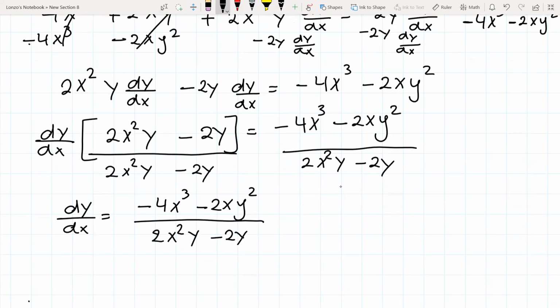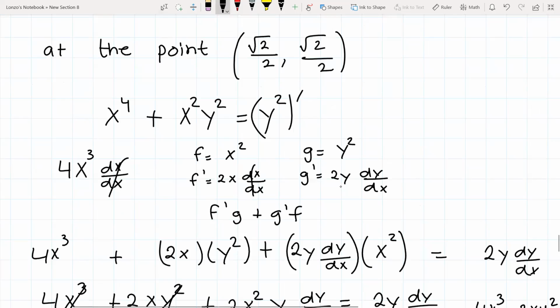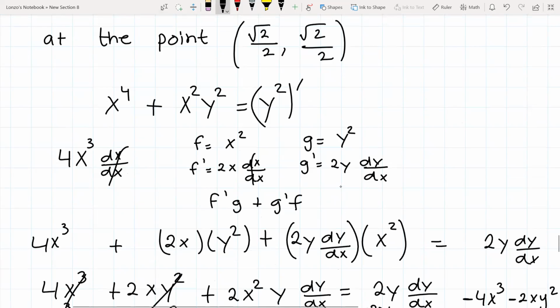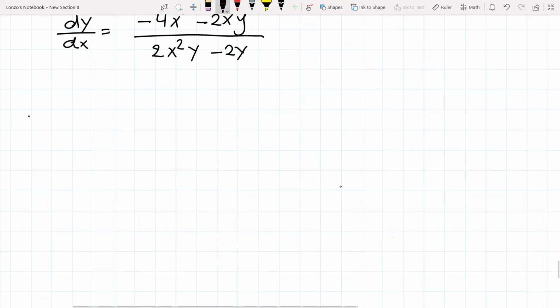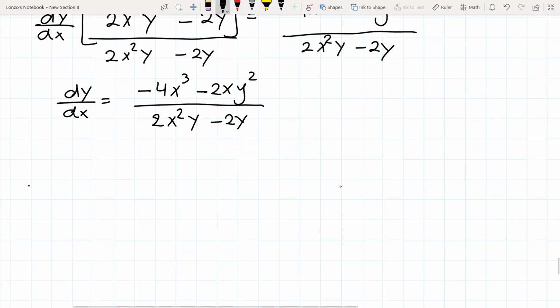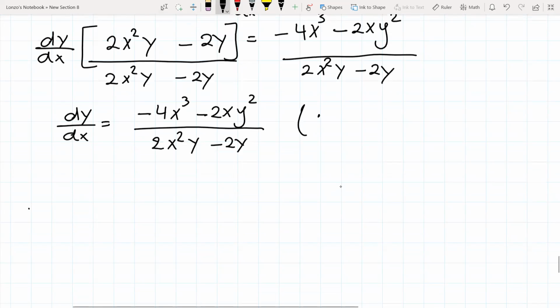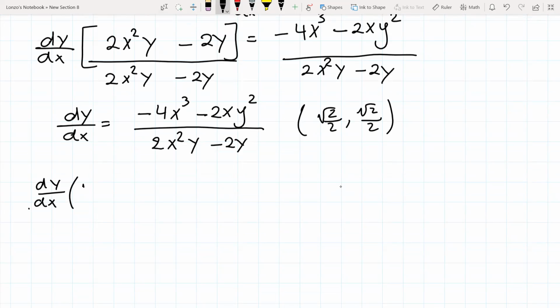So what we've got to do is find the slope. That's why the point they give us comes in handy. We're going to use the point radical 2 over 2, comma radical 2 over 2, right? So dy/dx at radical 2 over 2, comma radical 2 over 2.